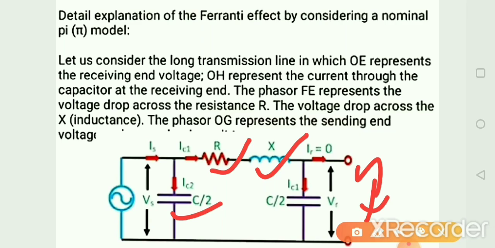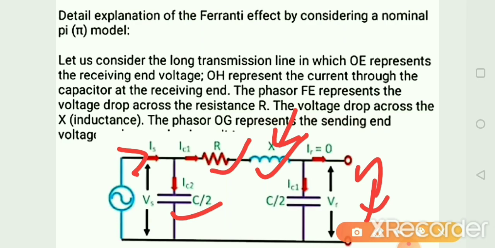Now the charging current is flowing through the circuit and we can say the inductive drop is very less here. Why? Because the capacitive effect, which is present due to the charging current, is more as compared to the inductive effect. So the inductive drop is very less.